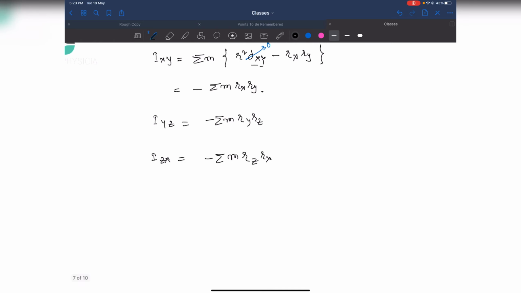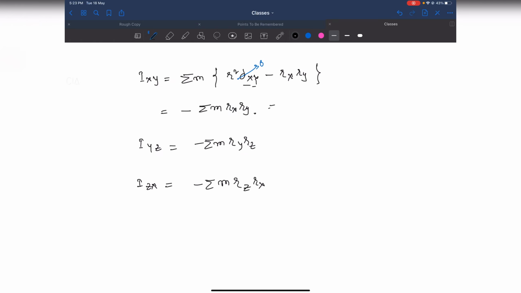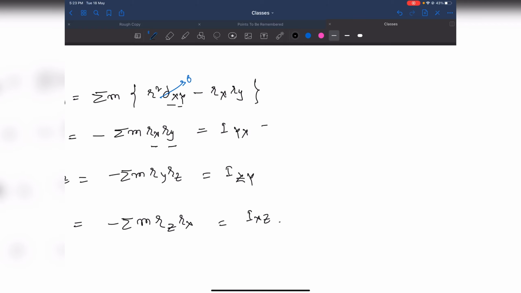Now they are the same: yx is the same as zy, and it is the same as xz. Because if you just break it out, there will be y in place of x and x in place of y. Now since they are commutative, it will be the same. If you have confusion, let me clear it by doing this.